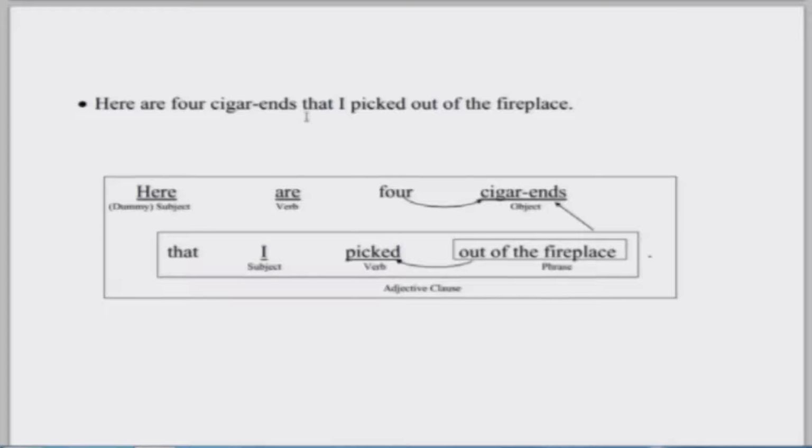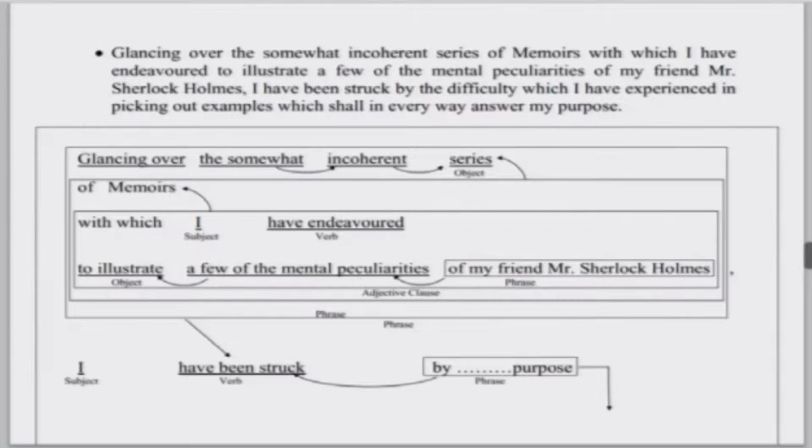Here are 4 cigarettes. This much is obvious. This is a skeletal sentence. Which cigarettes? Which 4 cigarettes? That I picked out of the fireplace. This is actually qualifying or restricting the cigarettes. Not all cigarettes are being talked about. So, this is the adjective clause.